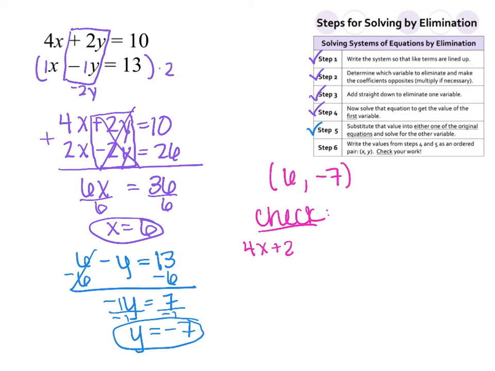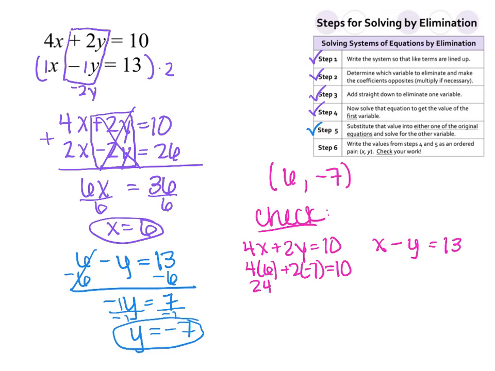For 4x plus 2y equals 10 and x minus y equals 13, if I use 6 for x and negative 7 for y, are both of those true? 4 times 6 plus 2 times negative 7 is supposed to equal 10.